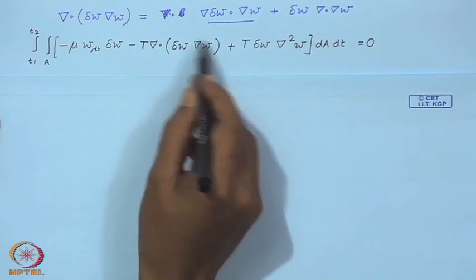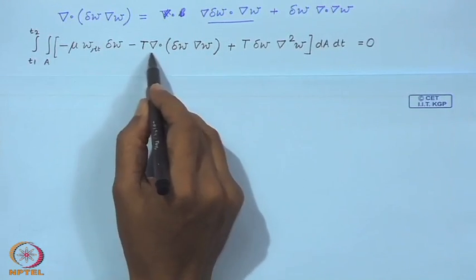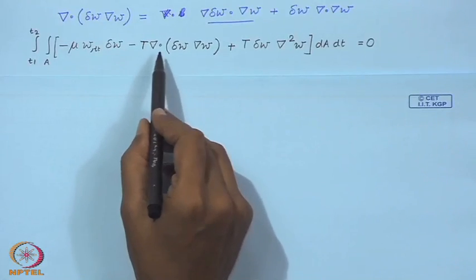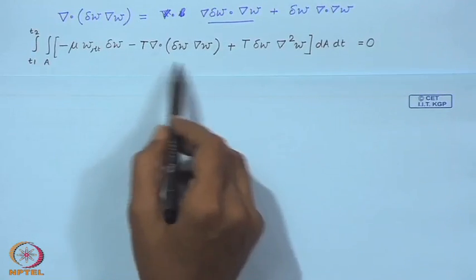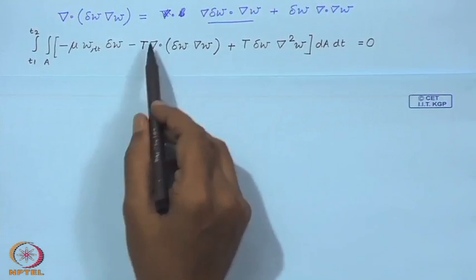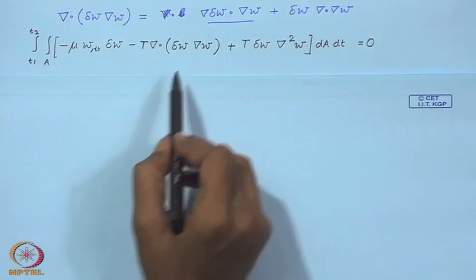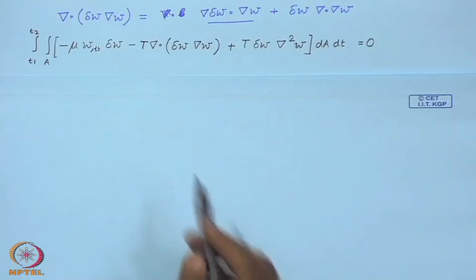So, then now here I have the divergence of a vector quantity. So, here I can use the Gauss divergence theorem.